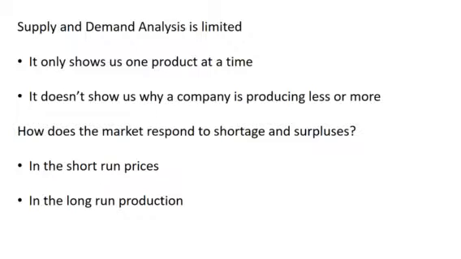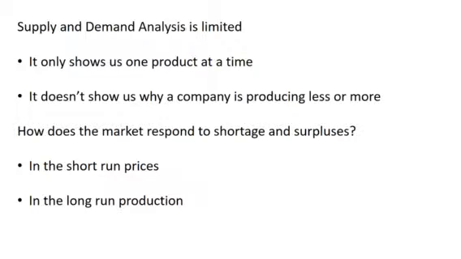Now, keep in mind when we're doing supply and demand analysis, it is limited. It only shows us one product at a time when we're talking about micro, or maybe we're looking at an aggregate, if you're in gross domestic product, it doesn't change. You're looking at a huge market picture at one time. And it doesn't show us why a company is producing less or more of a product.